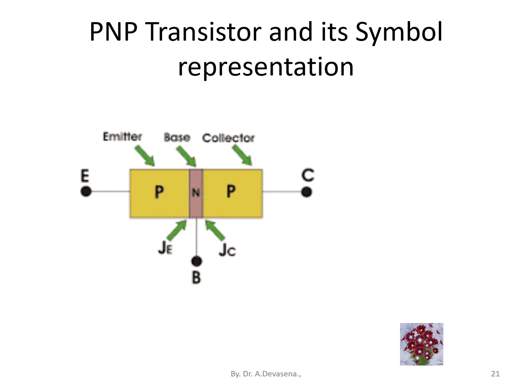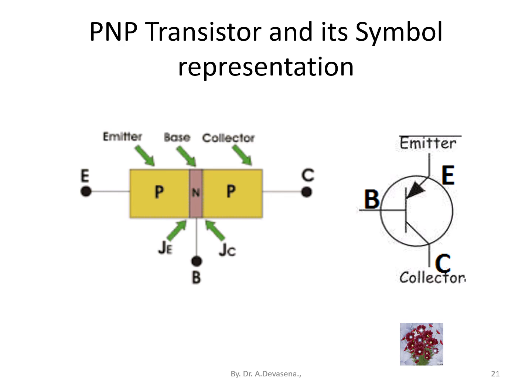In this PNP transistor, at emitter base we have the emitter junction, and at base collector we have the collector junction. This is indicated here. This is the symbol of the PNP transistor. In this PNP transistor, the arrow mark is pointing towards the circuit.